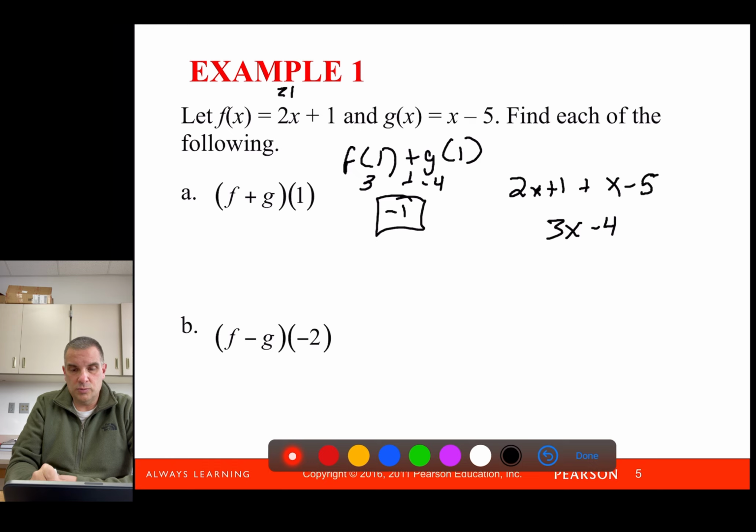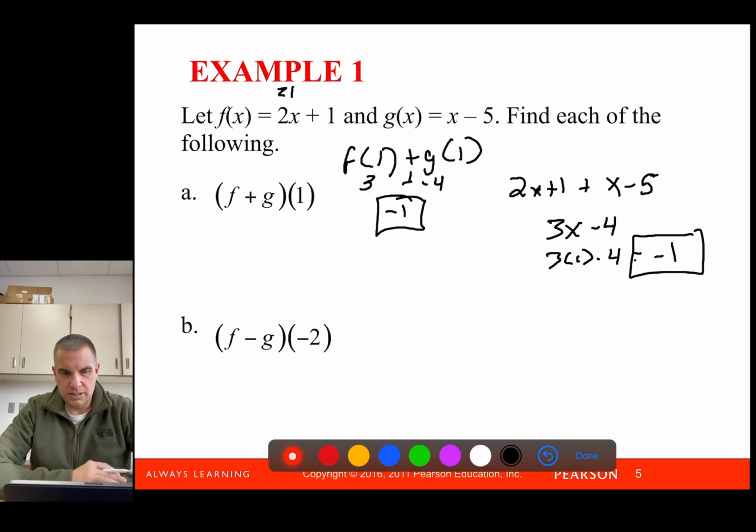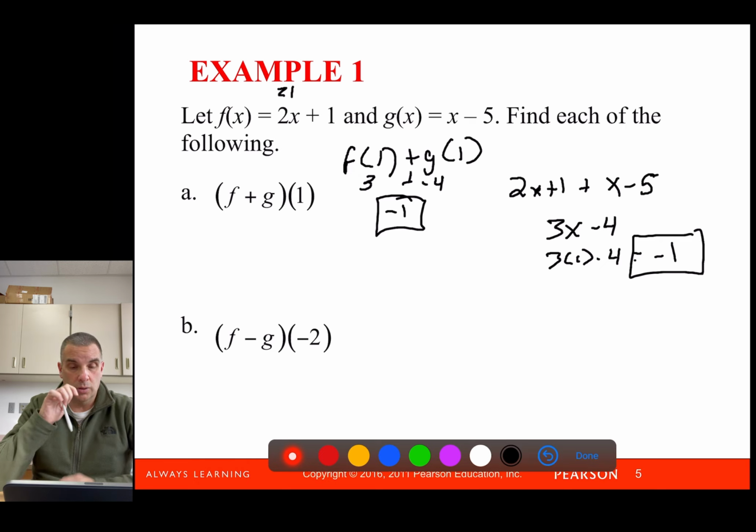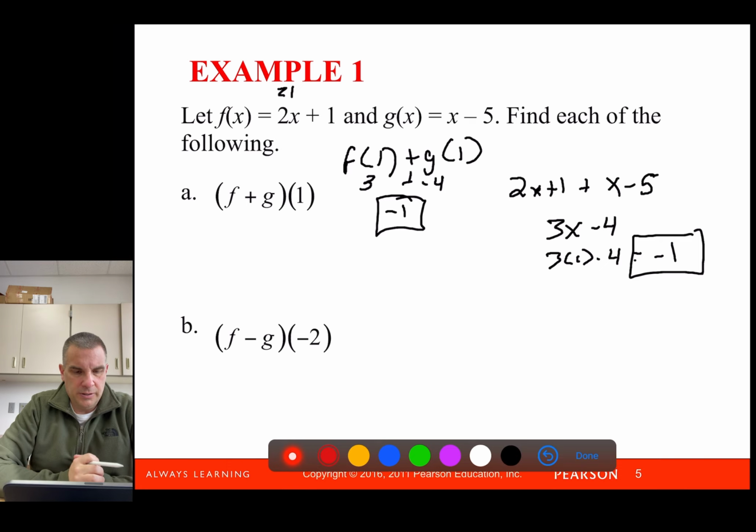So 3 times 1 minus 4 is equal to negative 1. You get the same solution, whether you substitute in first or substitute in after you've created the rule. I like to create the rule, but whichever way you're comfortable working with them, it's up to you.